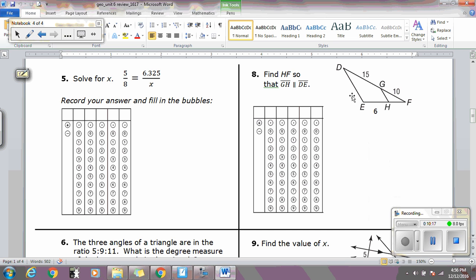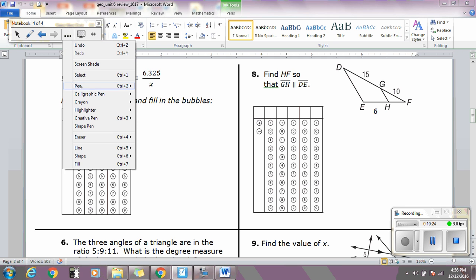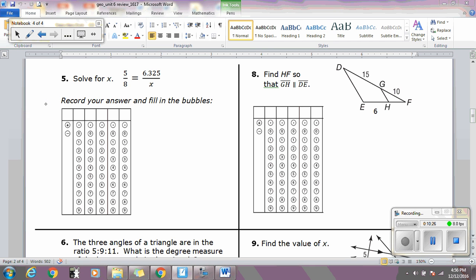Number 5 wants us to solve this proportion. You simply just cross multiply. 5 times x is 5x. Set that equal to 8 times 6.325.